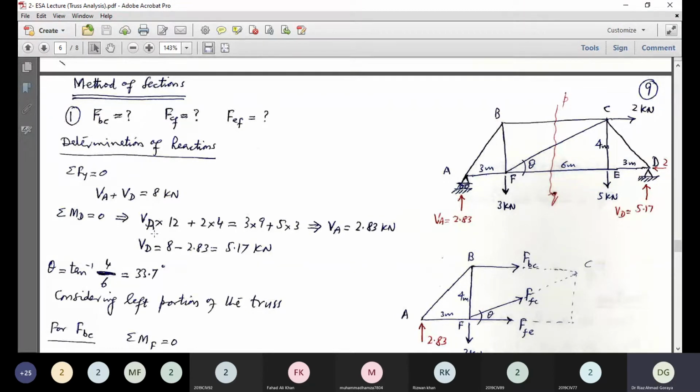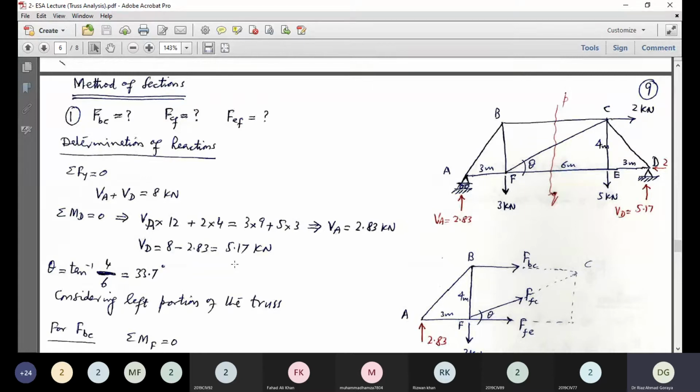Then it will give us Va into 12 plus 2 into 4 equal to 3 into 9 plus 5 into 12. That will give us Va as 2.83 kilonewton. Then Vd is simply subtracted from 8. The remaining is 5.17.